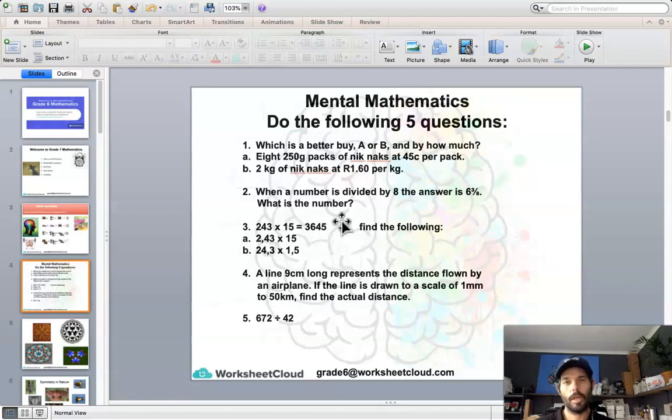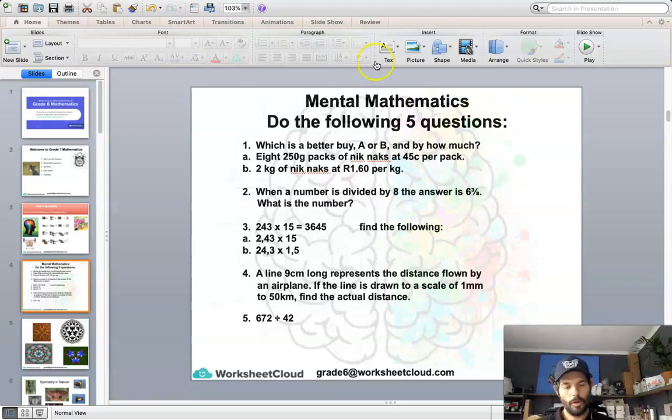Then question 3, can you use 243 multiplied by 15 equals 3,645 to tell me the answer of A and B without actually working A and B out? There is a question number 4, looking at ratios, scales on a map, and then a long division question at the end, which I'm interested to see how you guys get on.